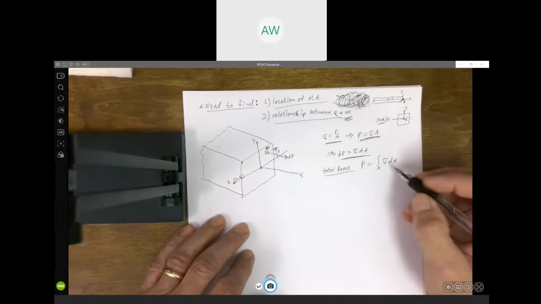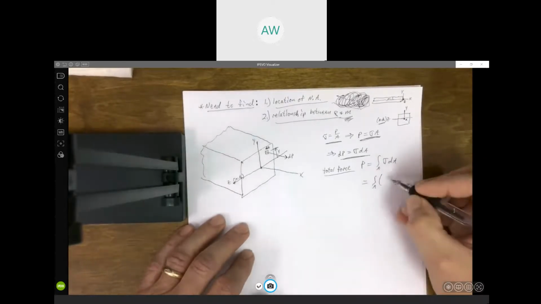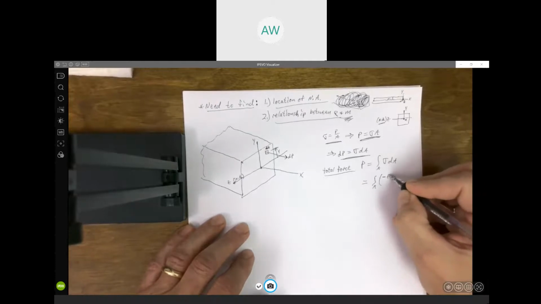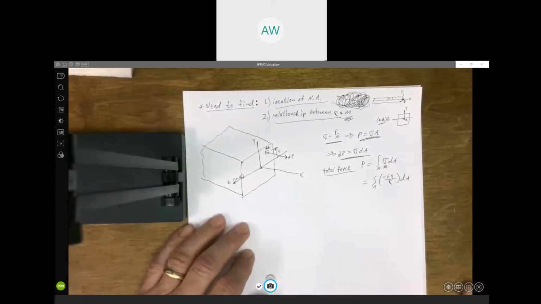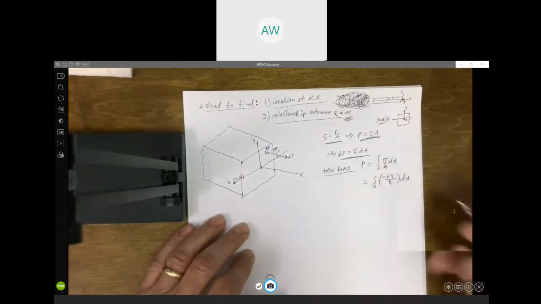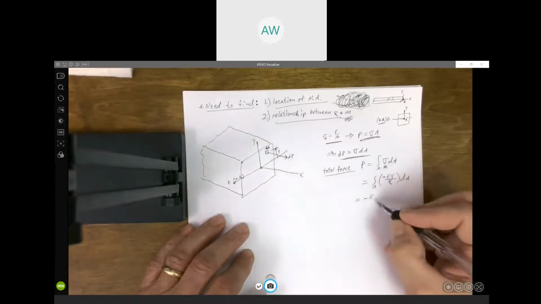We know from just a minute ago that the stress was minus E y over rho. I'm just substituting what we got a second ago for the stress. E and rho are constant, so we can factor those out, and I'll factor out the negative sign as well.